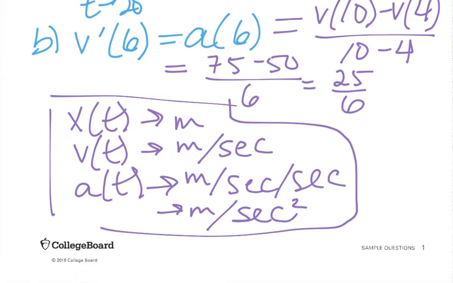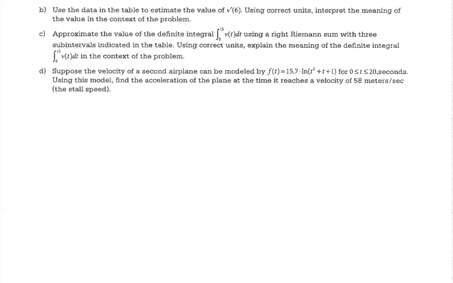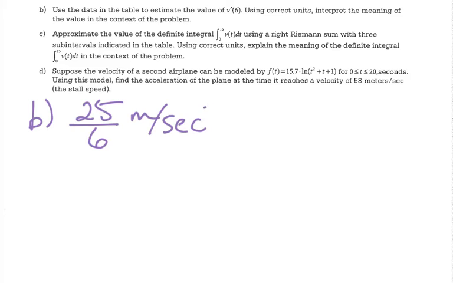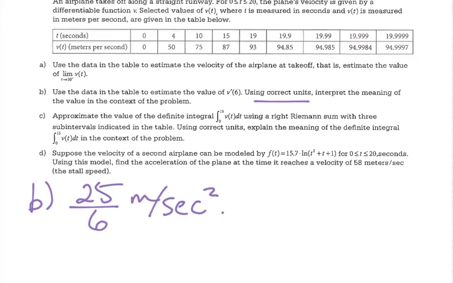Okay, so in this problem, they asked us to actually explain the meaning. So I'm going to clear the page here so that we can have room to explain. So we're talking about B, and we just talked about the answer here being 25 over 6 meters per second squared. So that's using correct units, but now it's asking us to interpret the meaning of the value in the context of the problem.